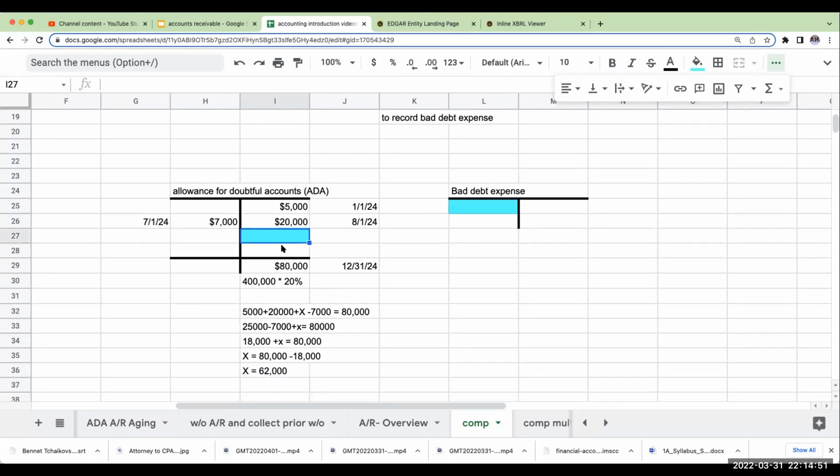Now, what I always want to do is check, does it work? 5,000 plus 20 plus 62 minus 7 gives me 80,000. So this actually works. So this is how I go through and record bad debt expense.